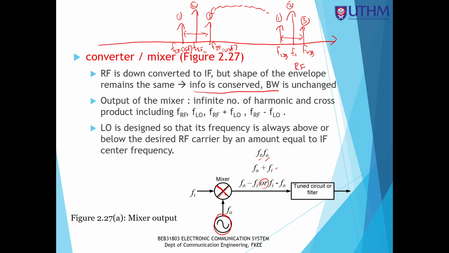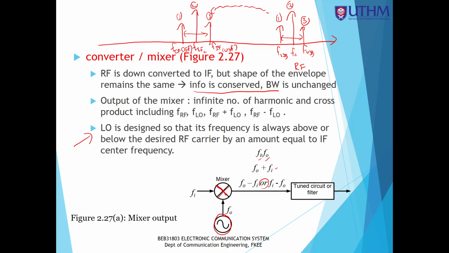It says here that the local oscillator is designed so that its frequency is always above or below the RF carrier by an amount equal to the IF center frequency.